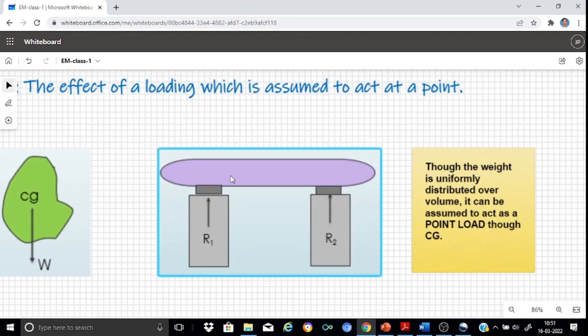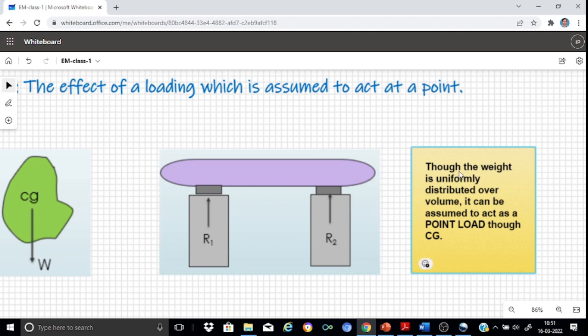Here is the second example, in which a tank is supported over two pillars. We see directly from this figure that the weight of this tank is distributed over a certain area of this pedestal. In spite of that, for the calculation of the support reactions R1 and R2, we can assume that these reactions are acting at a specified point on this pedestal. Here again, we make use of the simplified substitute known as the point load.